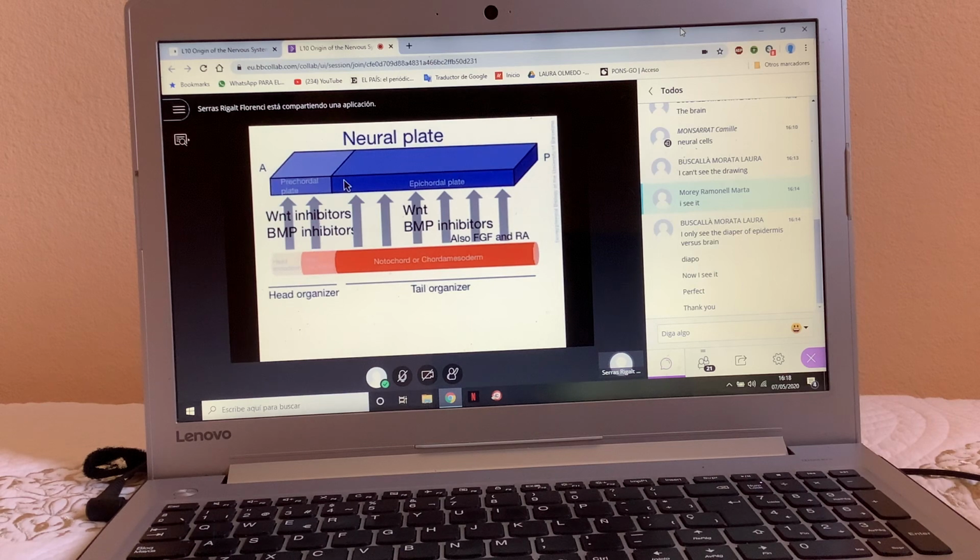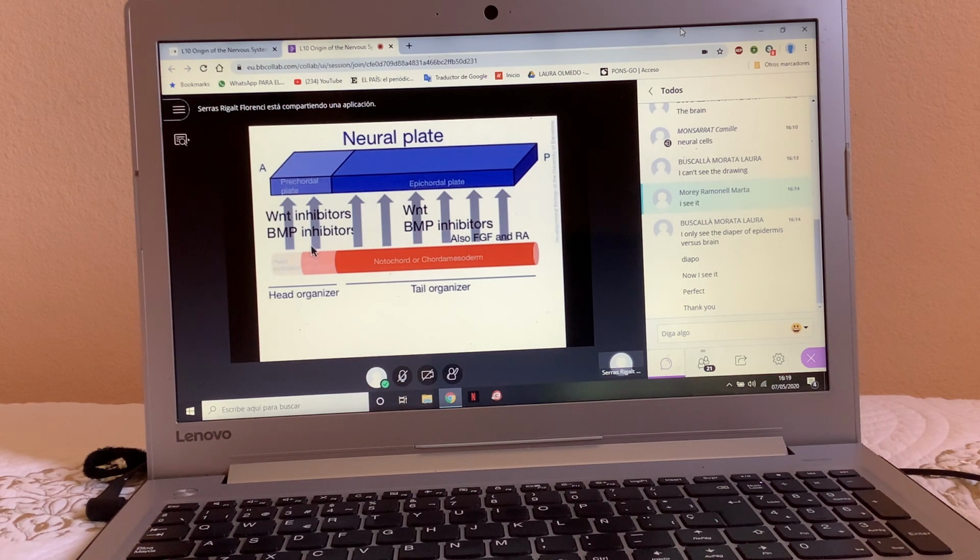Now, what I want to show here is that if we just remove this area from that embryo, and this is something very similar to what happens in mammals as well, we have here the precaudal plate, and this is the epicaudal, and this is the notochord, and this is the head endoderm and mesoderm.